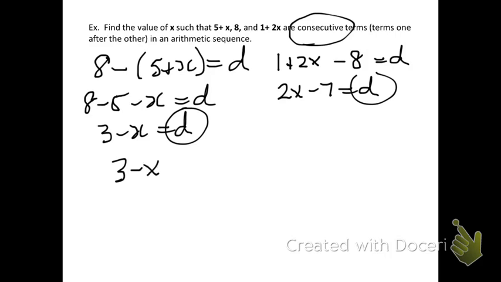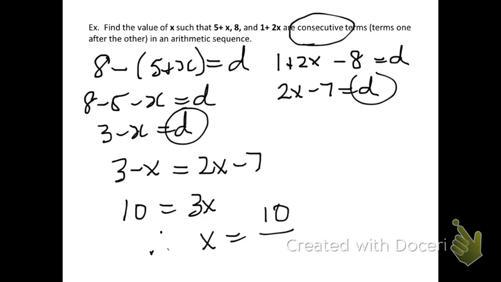So I have 3 minus x is equal to 2x minus 7. And so that gives me, let me see, 7 and 3, sorry. So 7 and 3 is 10, and I've got 3x on this side, and so x is going to be equal to 10 over 3.